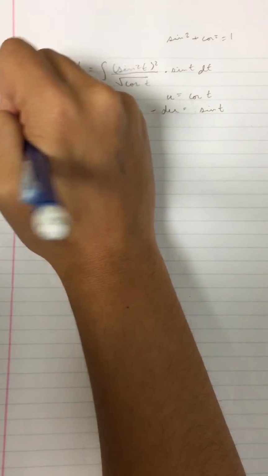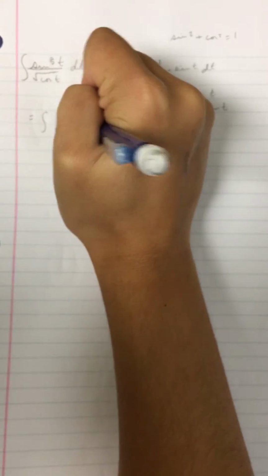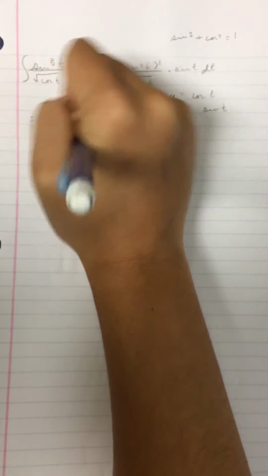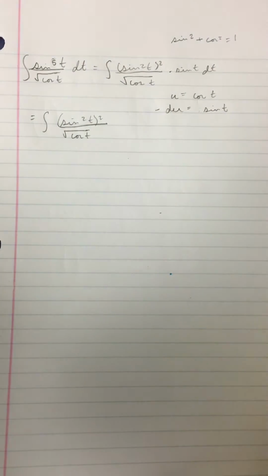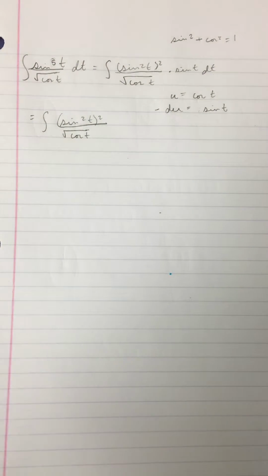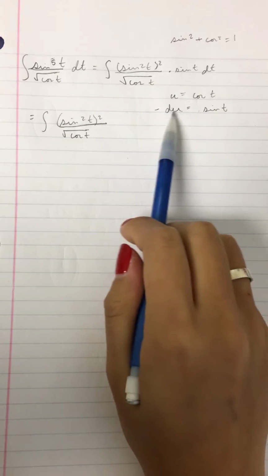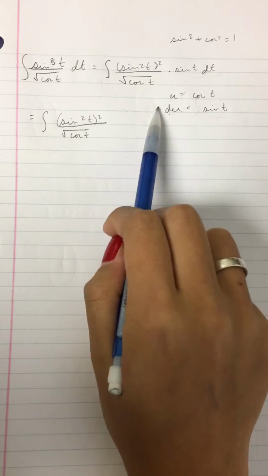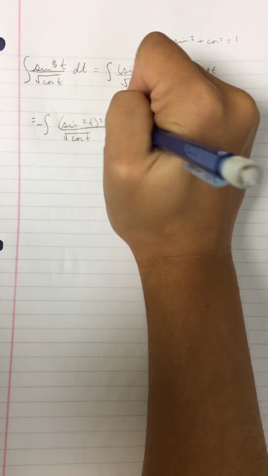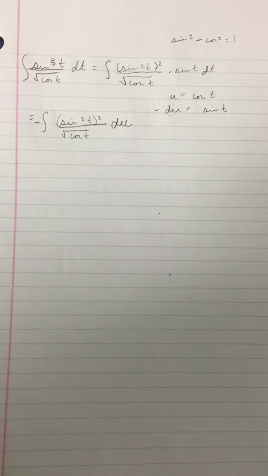Now we can rewrite our equation: the integral of sine squared t, quantity squared, over square root of cosine t, and since du equals sine t, we can just plug that in. Don't forget this negative; we're going to keep it on the outside of the integral and plug in du.